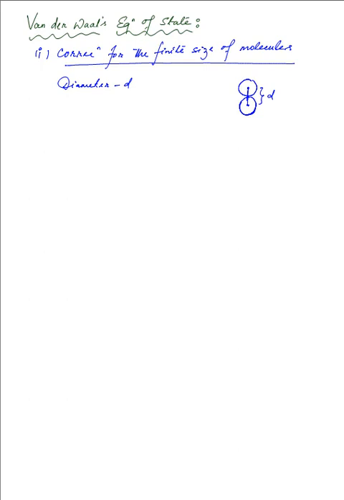So for this pair of molecules, a sphere of volume 4/3 π d³ constitutes the excluded volume, which is not available for motion to this pair of spheres.